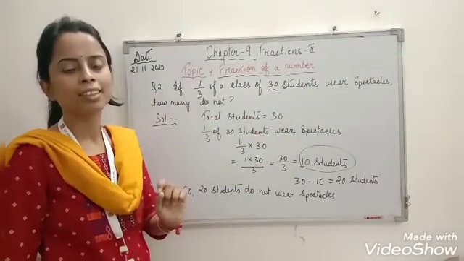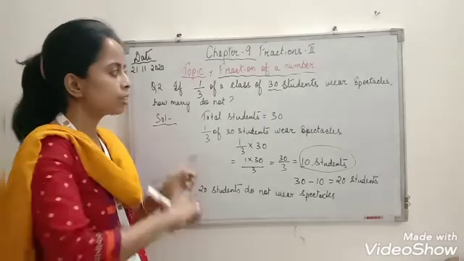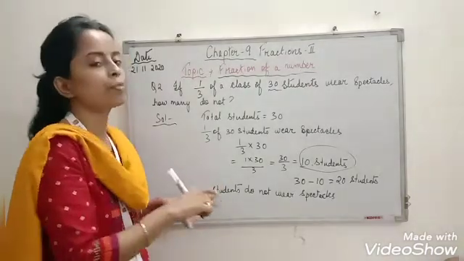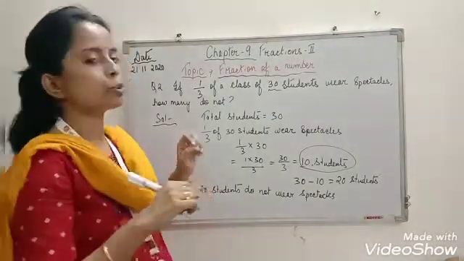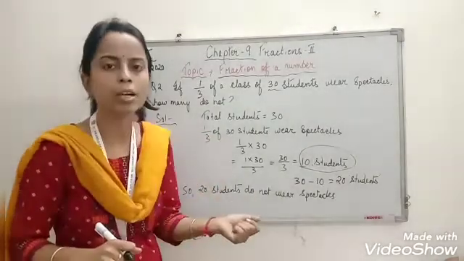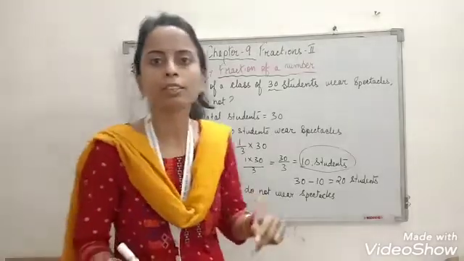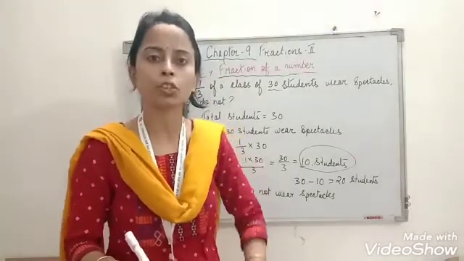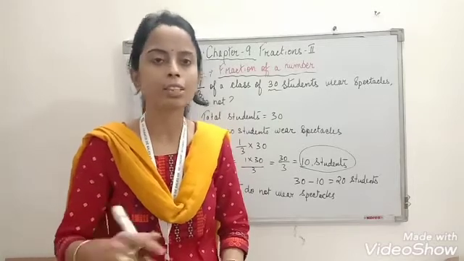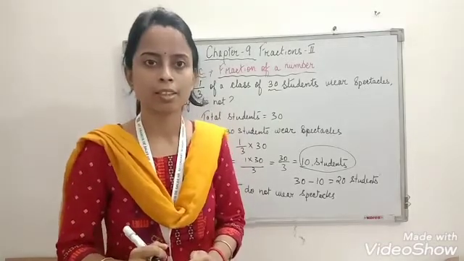Got it? So next, one more example I'll take, to understand the concept of fraction of a number. And after that, children, I'll give you 2 questions. You try to solve them, and in the next class, we are going to discuss. Clear, children?